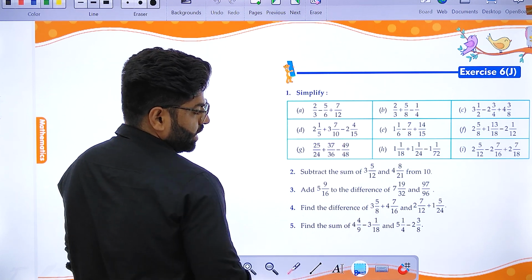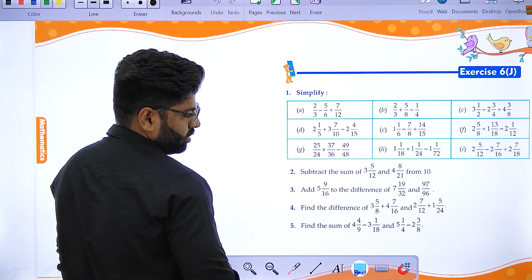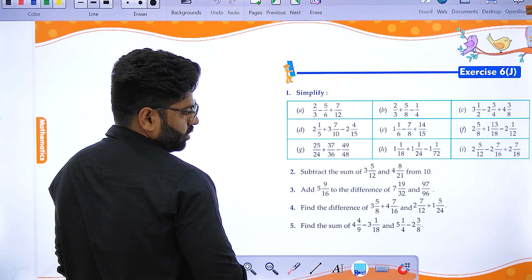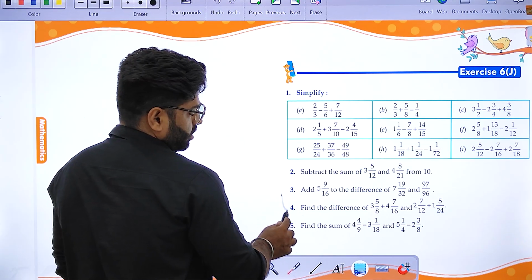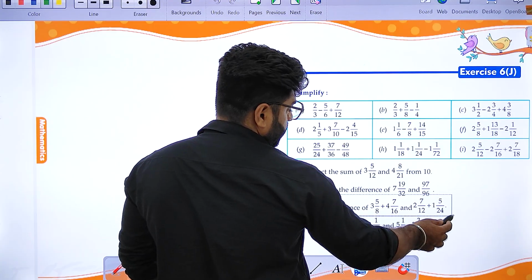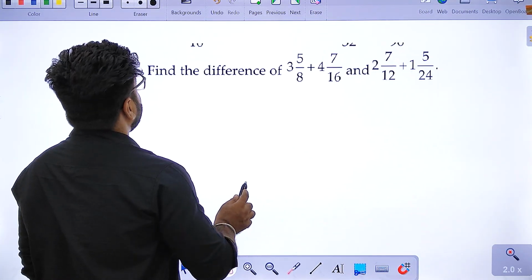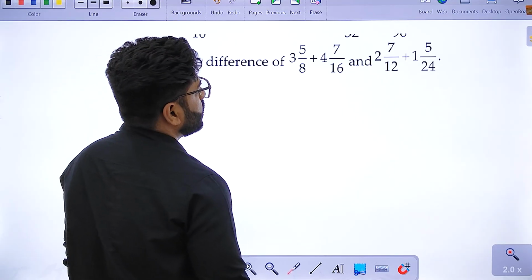So here we are having the same type of questions. Okay, let's solve this one. Find the difference of this and this.